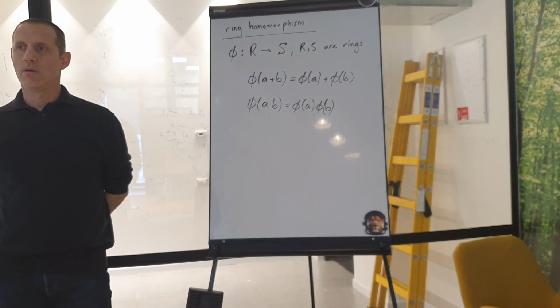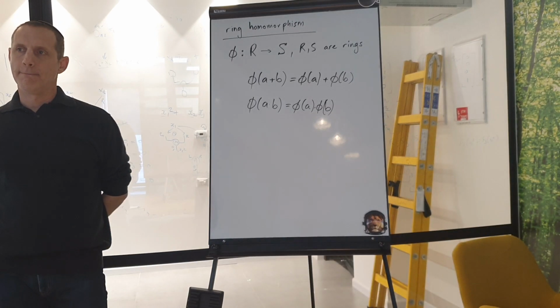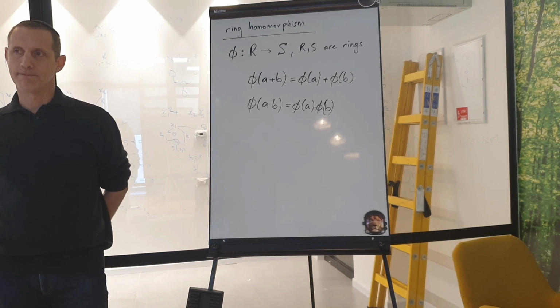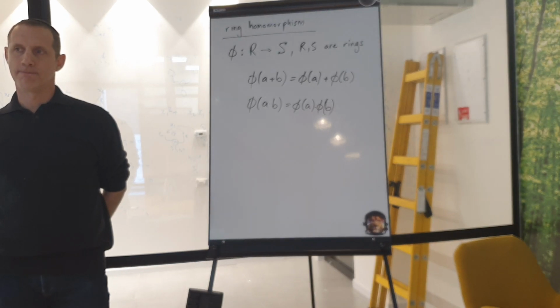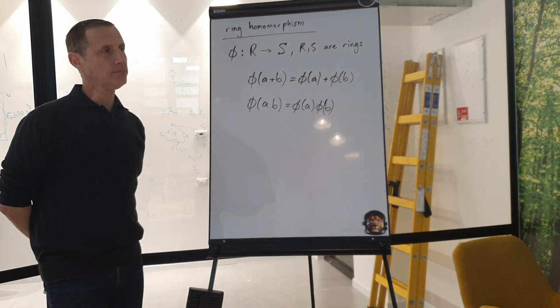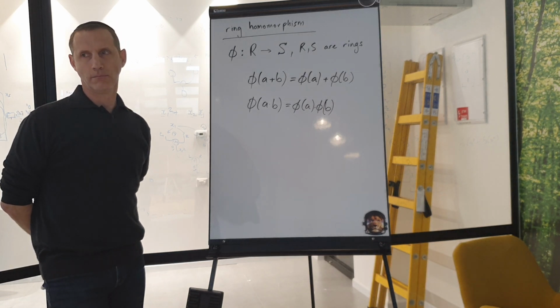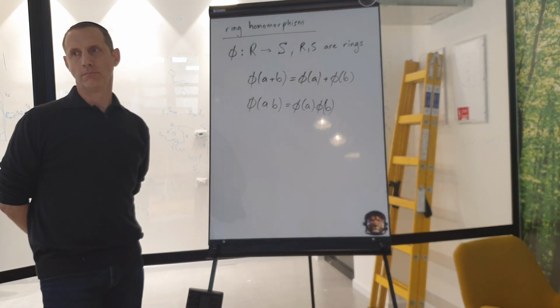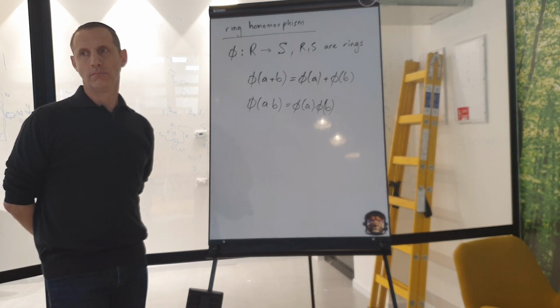Right. So what's confusing me with my example? If phi is just multiplying by 2. Yeah. So you get on one side the integers, like R is the integers, S is the even integers. Okay. So phi of identity times B is phi of B, and on the other side.